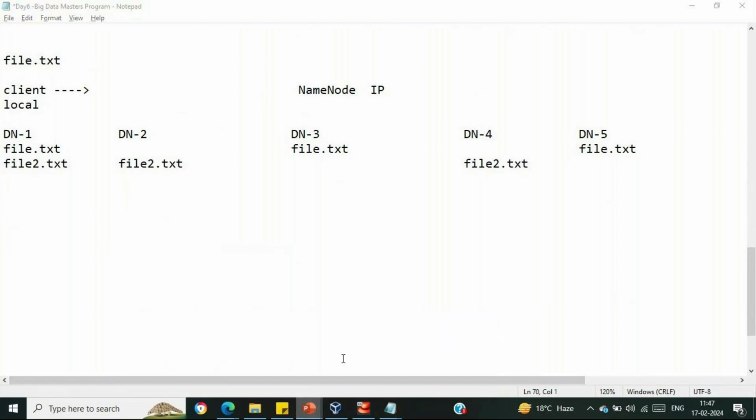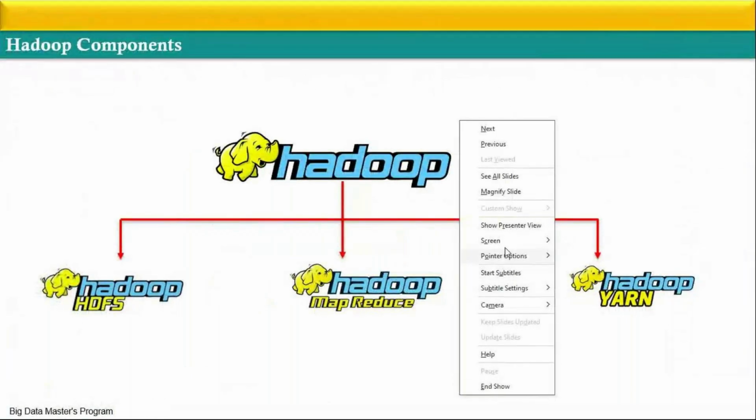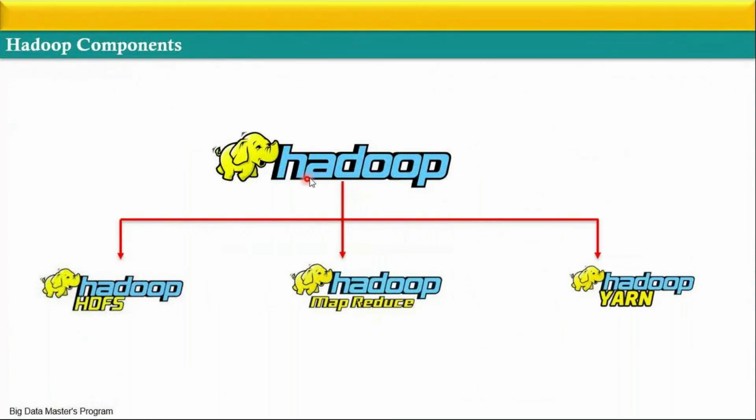Hadoop is there, what you are able to see over here. Then HDFS, we have seen HDFS in detail, and that is nothing but a storage layer. We are just moving the data, and it will be maintained in terms of blocks.